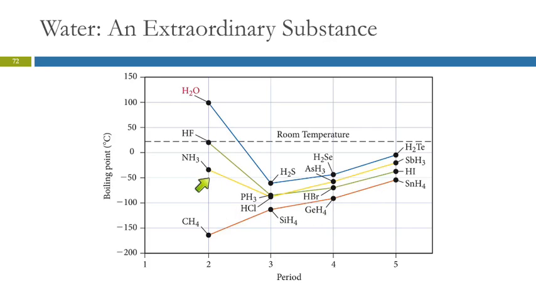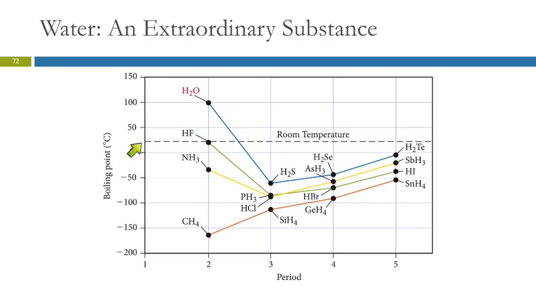Then if we get into group 5, group 6, and group 7, we see that for the smallest ones, we have this jump here, and water makes the biggest jump. And so we've got a trend with the others that as you go to lower molar masses, the boiling point is lower.